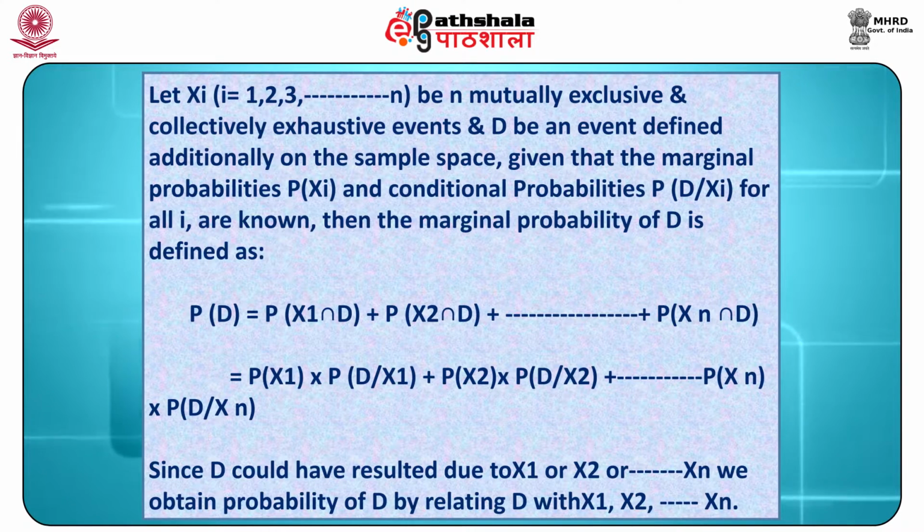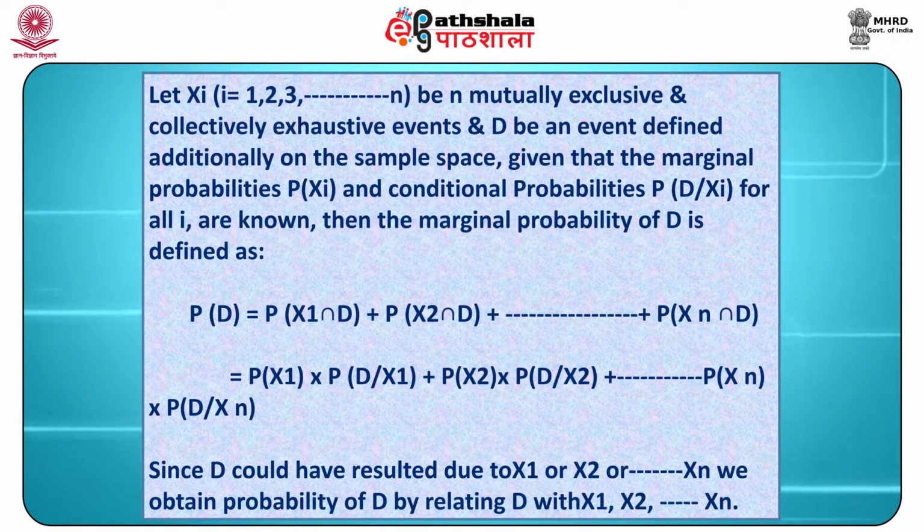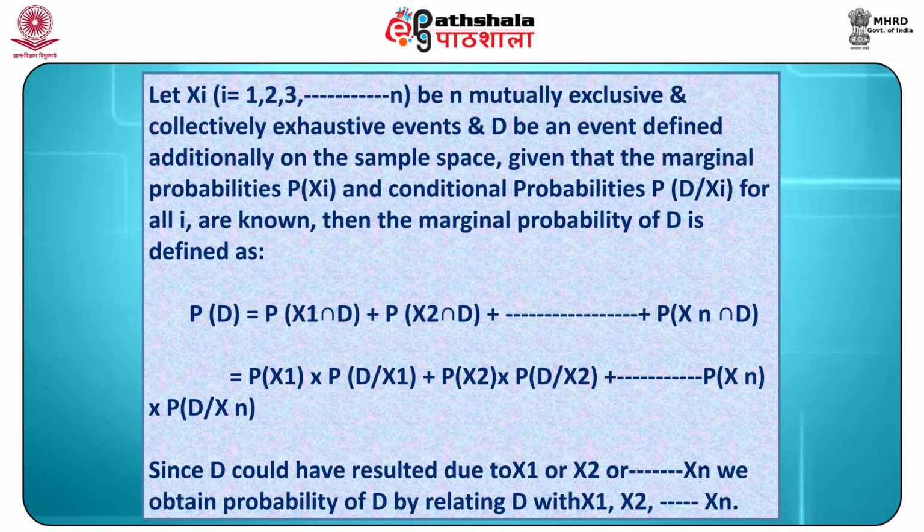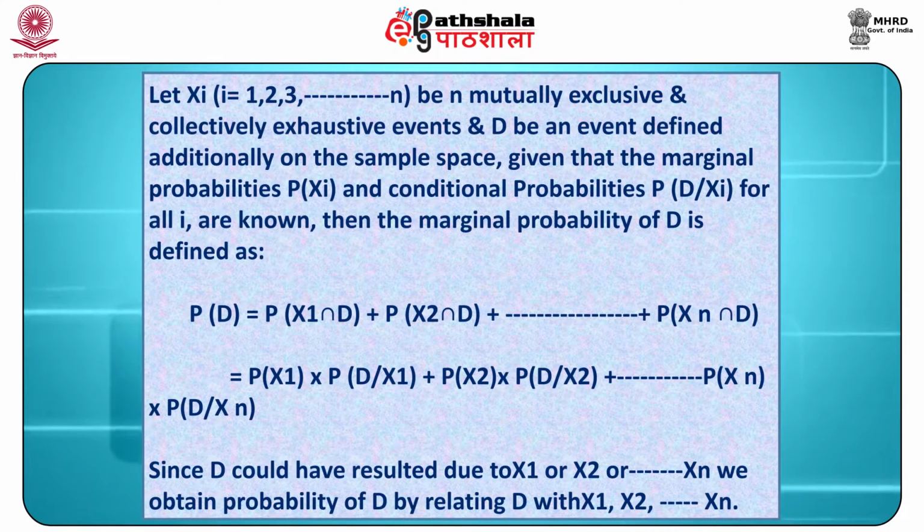then the marginal probability of D is defined as, so P(D) is equal to P(X1 intersection D) plus P(X2 intersection D) right up to P(Xn intersection D), which is equal to P(X1) times P(D given X1) plus P(X2) times P(D given X2).